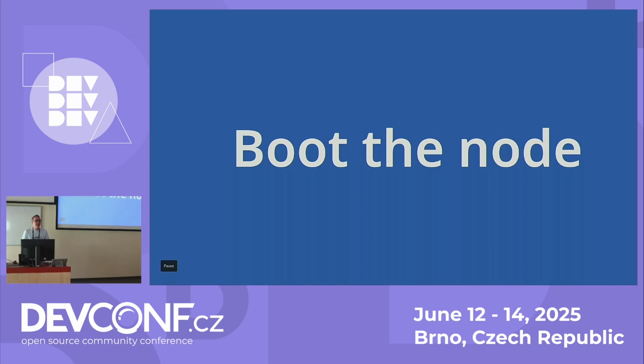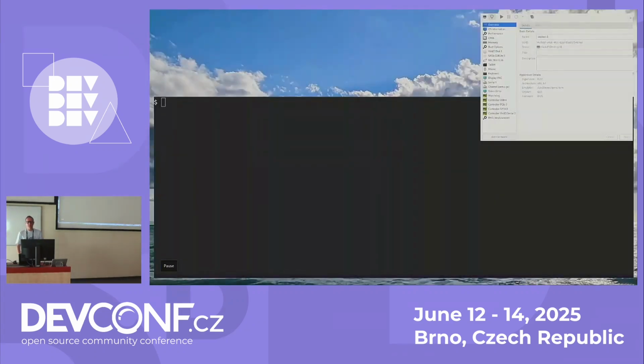So in the second step, you simply take the ISO and boot the node. I will keep the virtual machine terminal available here just to give you an idea of what's going on. Here it's the ISO, it's loaded, and before booting it, I will run the monitor command by specifying the IP address of the worker node.